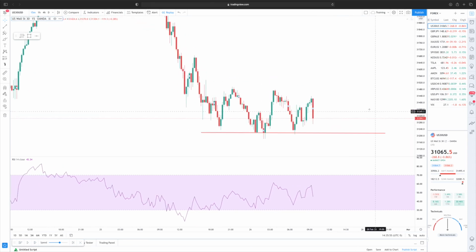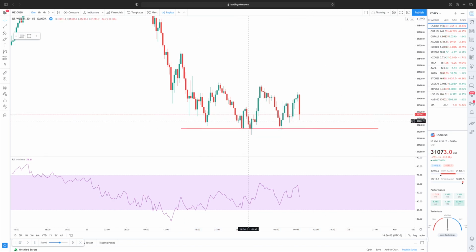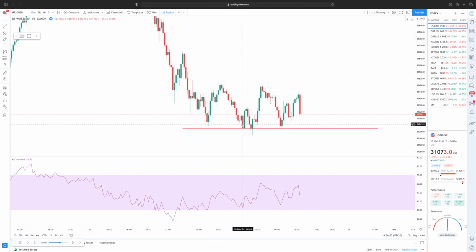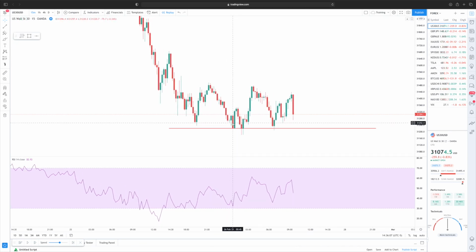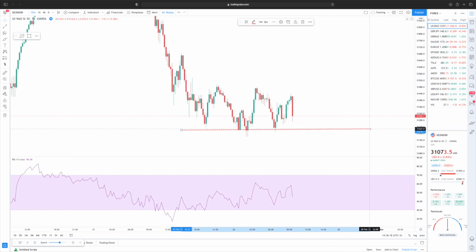Remember, you need at least three to confirm it is support, or three to confirm it is resistance. So candle wise, we have one red candle, two candles, three candles, four candles, and five candles touching this point right here as support. I know it's a little bit slanted, but you get the point.